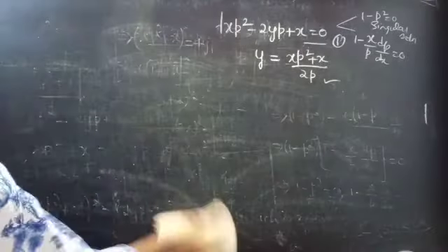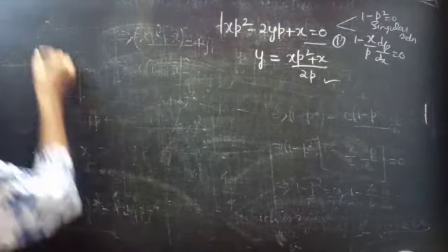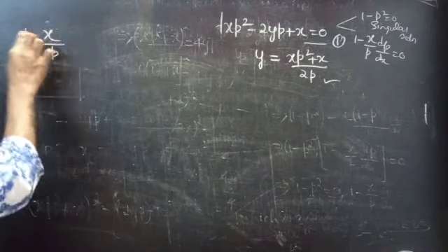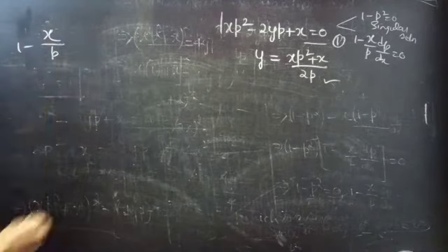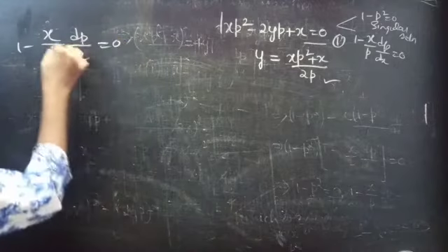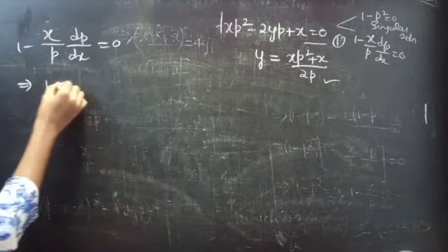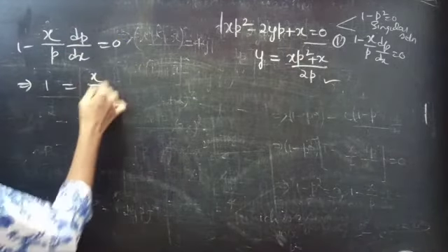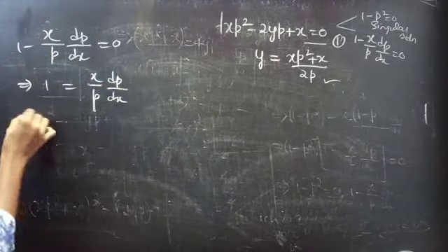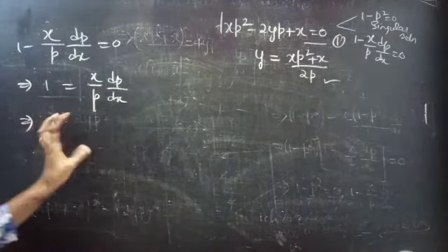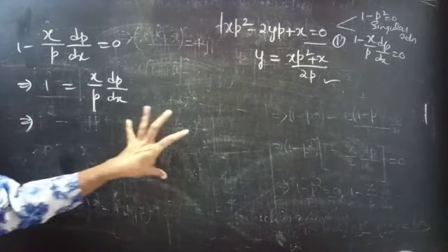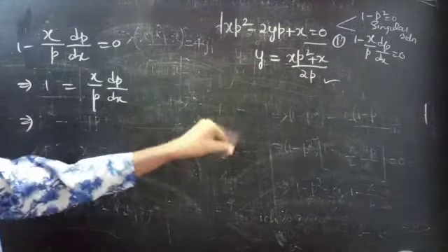Now consider the second equation, that is 1 minus x by p into dp by dx equals 0. You can write this as 1 equals x by p into dp by dx. Here we'll write all the functions of x and differential dx on one side and all the functions of p and differential dp on the other side.